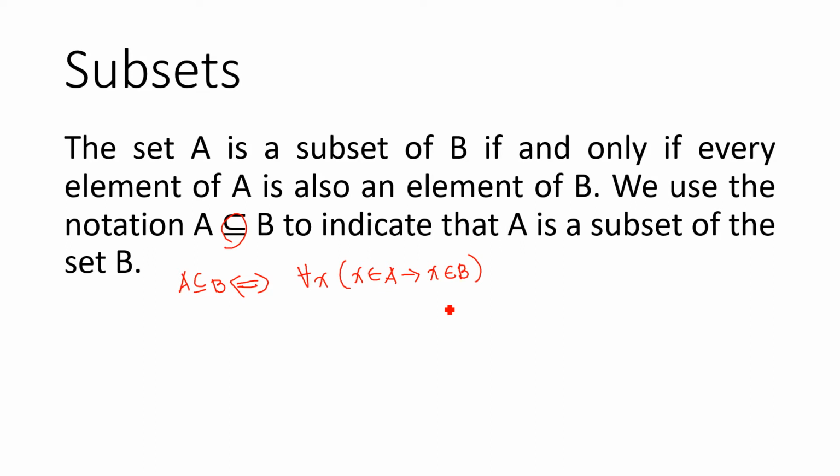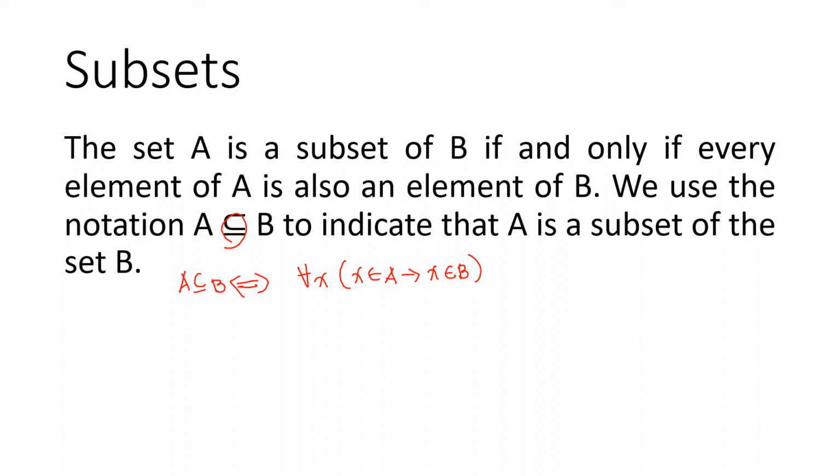So note that to show that A is not a subset of B, we need only one element x in A with x not an element of B. Such an x is a counterexample to the claim that x element of A implies x element of B. So we have these useful rules for determining whether one set is a subset of another.